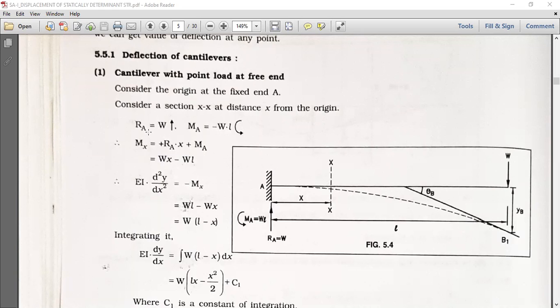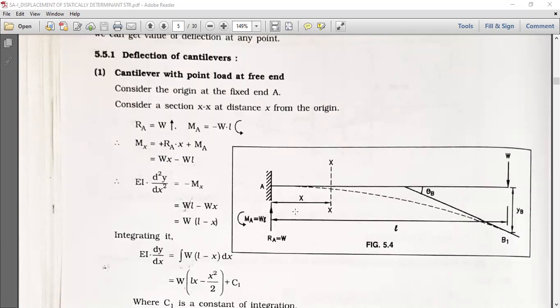Now to find the reactions, RA is equal to W. MA is equal to load into perpendicular distance; the load is W and the perpendicular distance is L, with a minus sign because it is anticlockwise. Now Mx is equal to RA into x plus MA.